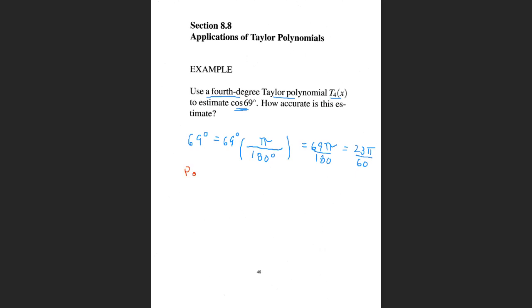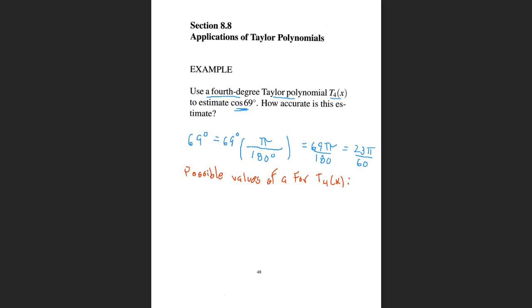Okay, so possible values of A for the Taylor polynomial. Naturally, when we choose a value of A, we want it to be a nice value so that we can evaluate the cosine and its derivatives at that value.